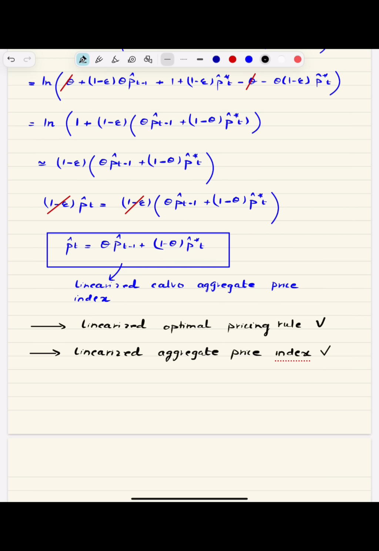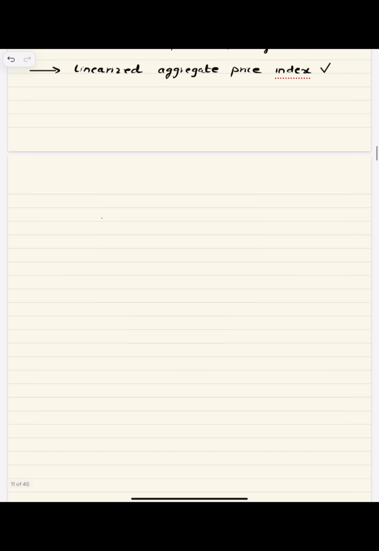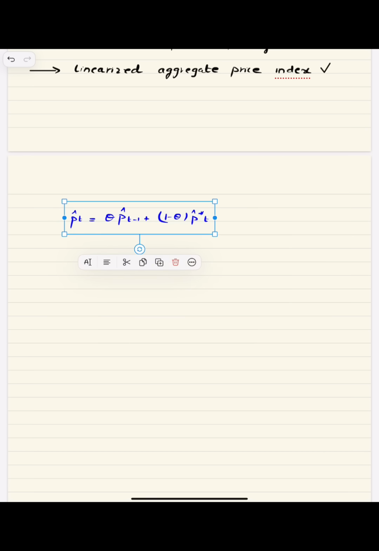Before I move on, and I'll obviously give you a 5 minute break again, I just wanted to talk about this linearized version, because in new Keynesian economics, on the vertical axis we're basically dealing with inflation, right?